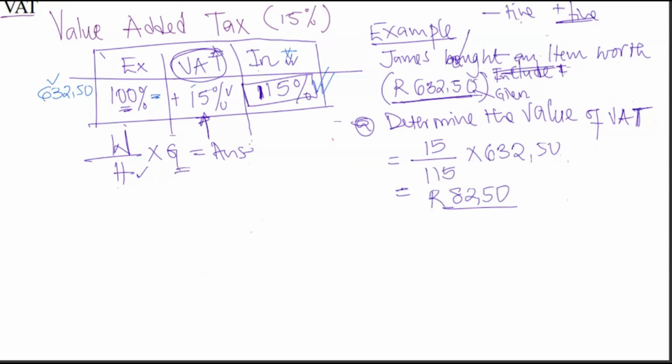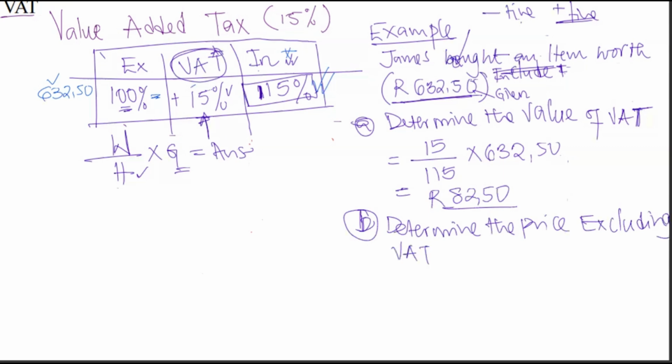Okay. Now, part B. They might ask us to determine the price excluding VAT. That means you remove the VAT value.